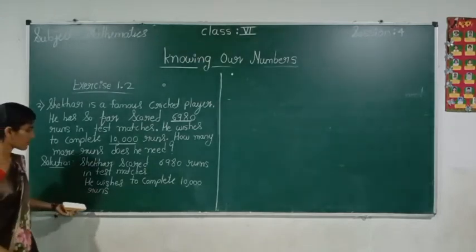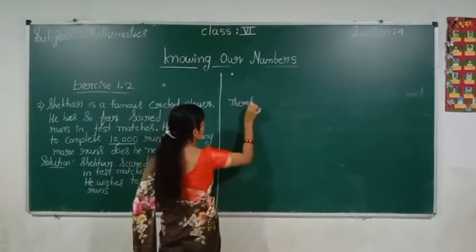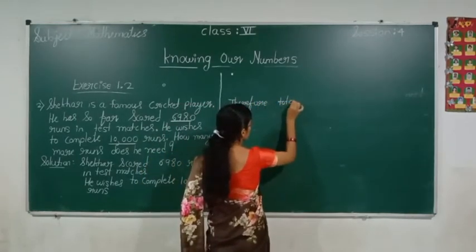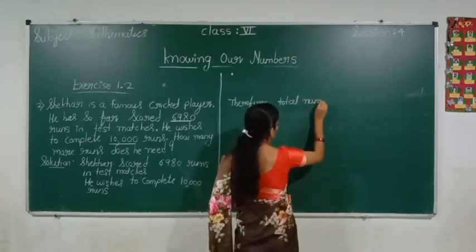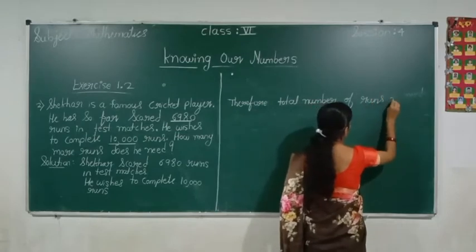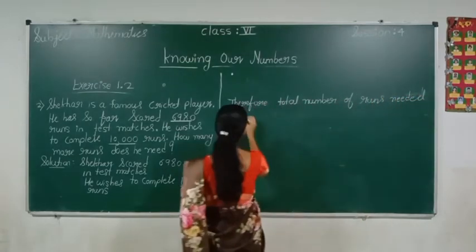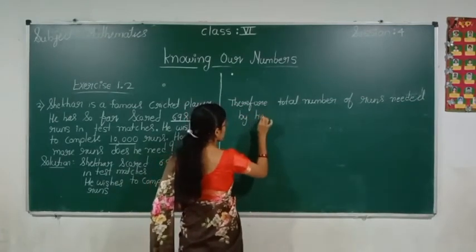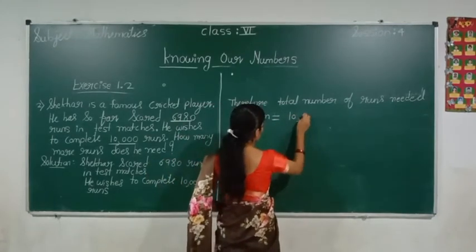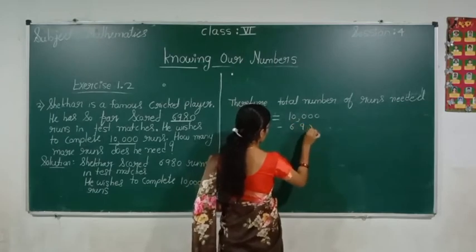He wishes to complete 10,000 runs, therefore the total number of runs needed by him is equal to, what do we have to do? We are going to do subtraction, that is 10,000 minus 6,980.